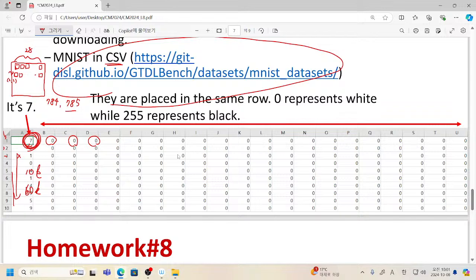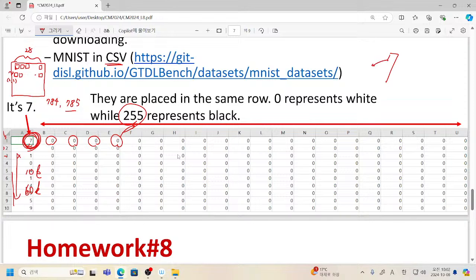As for the values, 0 means just background, and 255 is the highest value you can expect as an integer number in this format, and that represents the black ink. So for example, this point is regarded as 255, and this point is regarded as just 0.